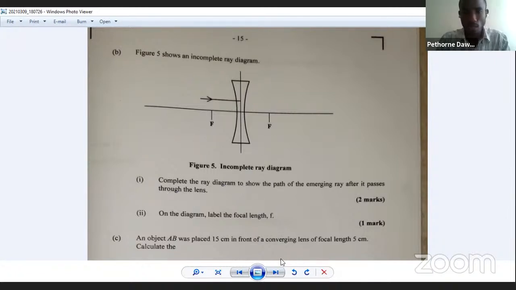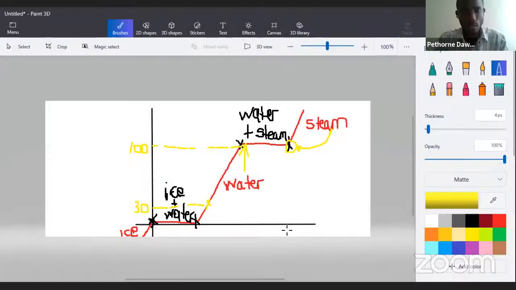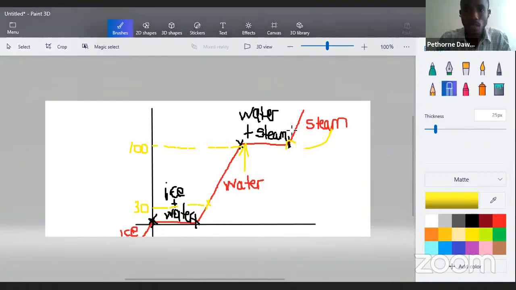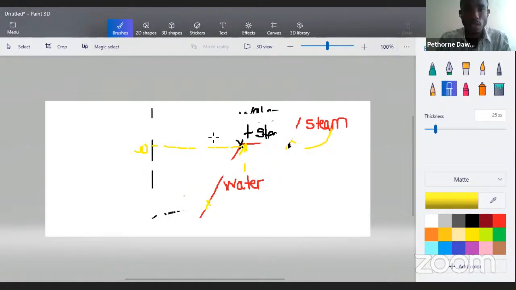Now the rule is, I could go to the whiteboard to show you, but the rule is that any ray that passes parallel to the principal axis, when it hits the lens, will be bent in such a fashion so that, for a diverging lens, it will actually operate in the other fashion from a converging lens.